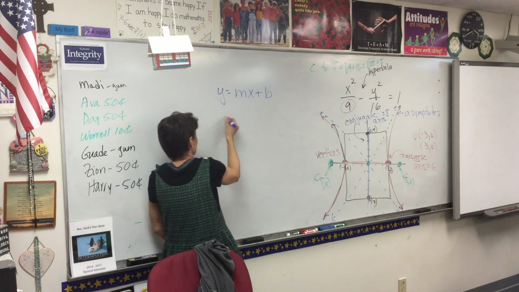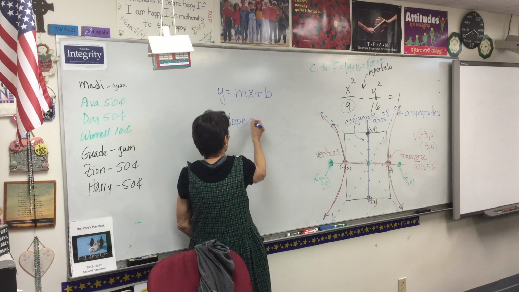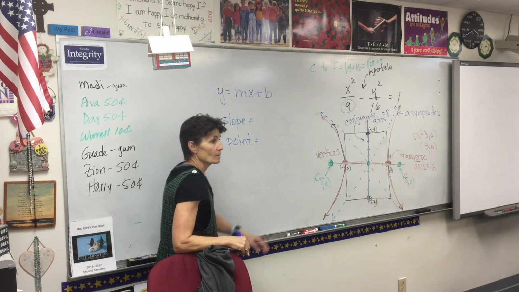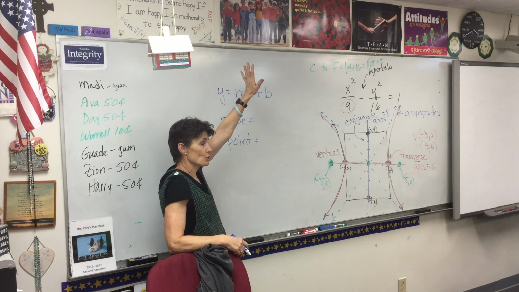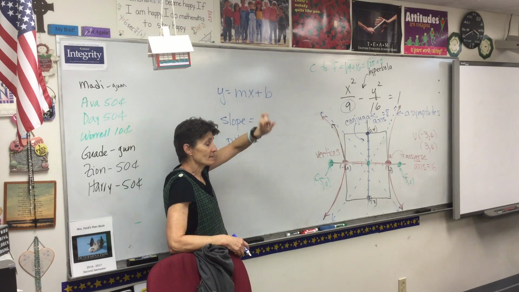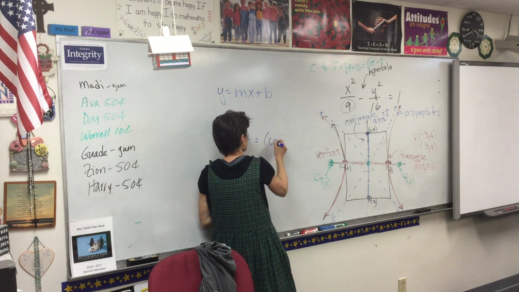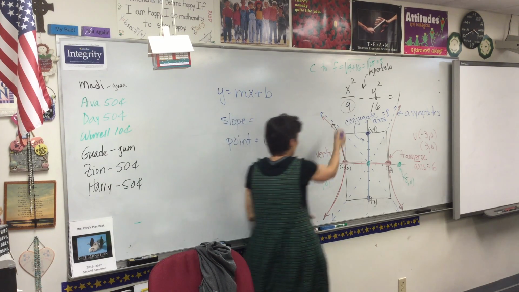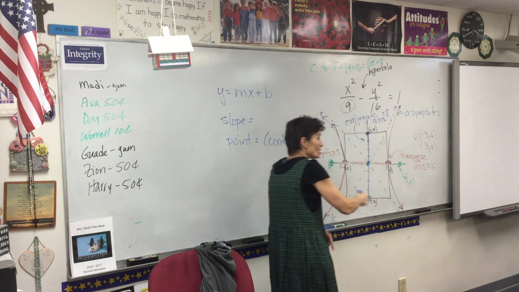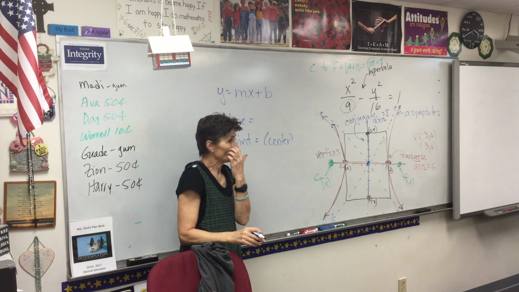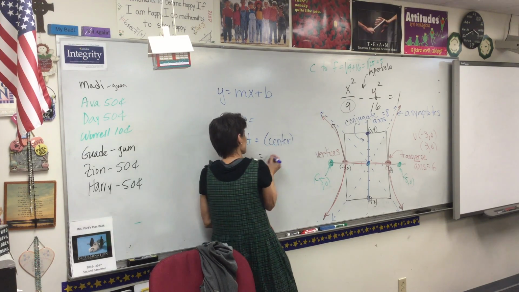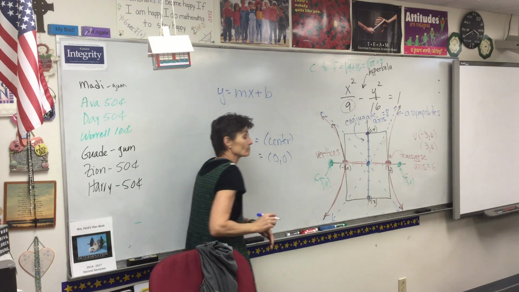I need a slope and I need a point. The point, you're always going to use the center. The asymptotes always go through the center. So for all your hyperbolas, you're going to use the center, whatever that is. So in our case, that's going to be 0, 0.